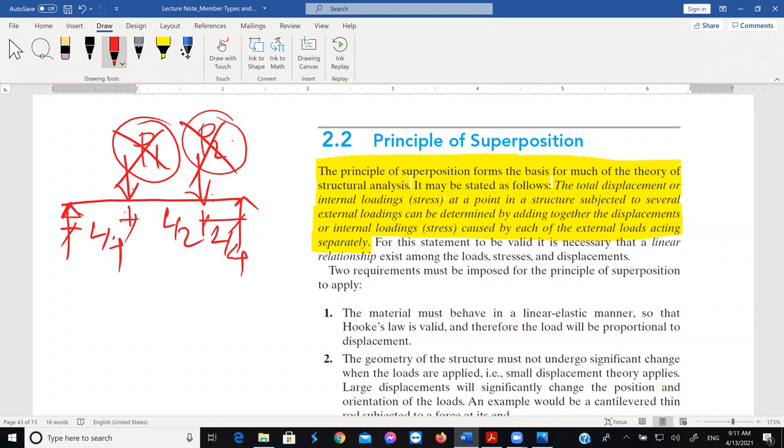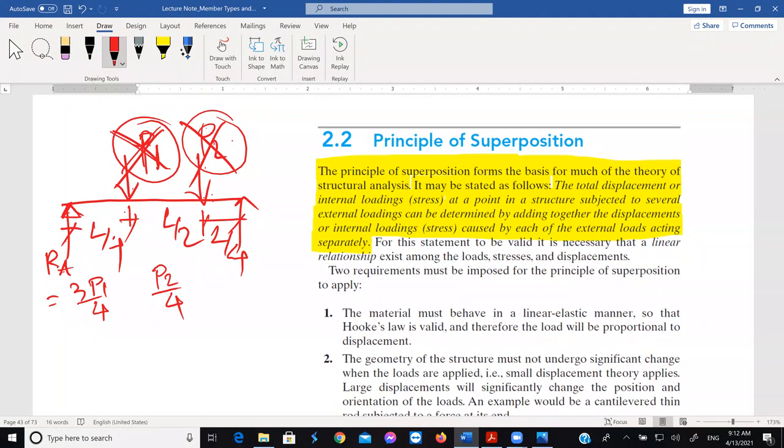The reaction at the left support RA will be, under the P1 force only, equal to, we know, 3/4 of P1. And if we remove the P1 force and apply P2 only, then the reaction at RA will be P2 over 4 only. That means 1/4 of P2.